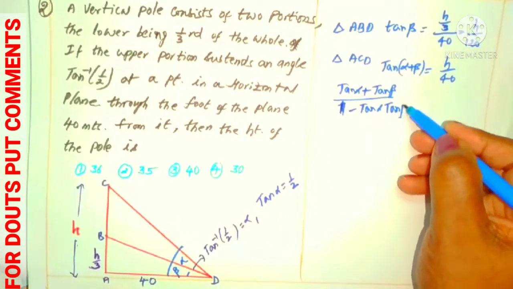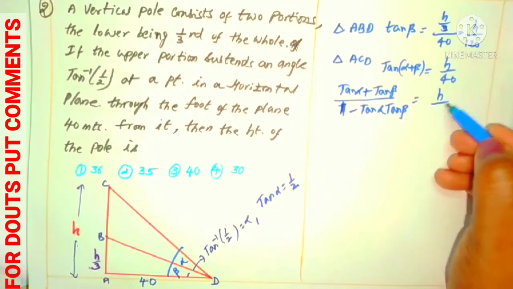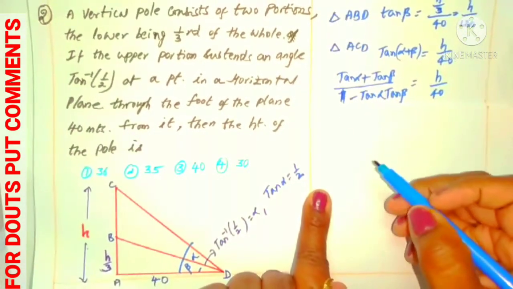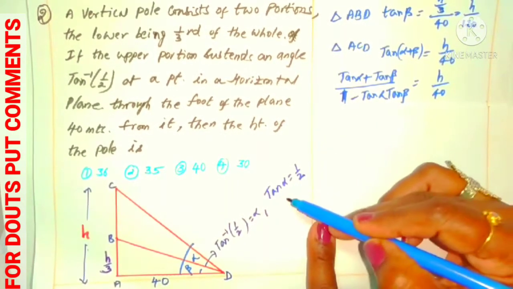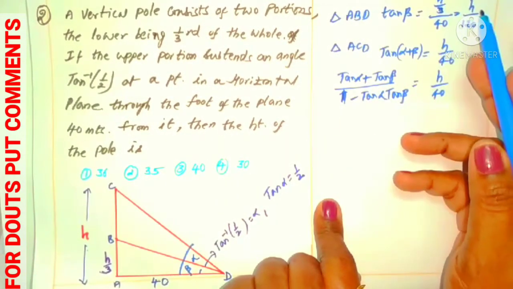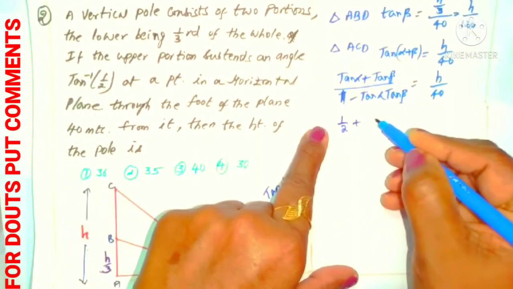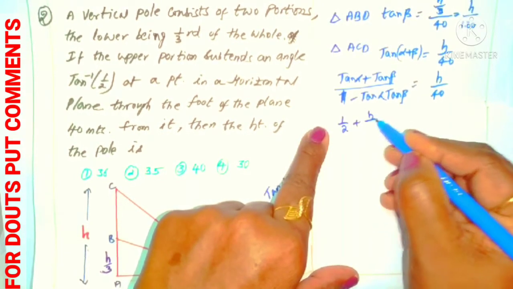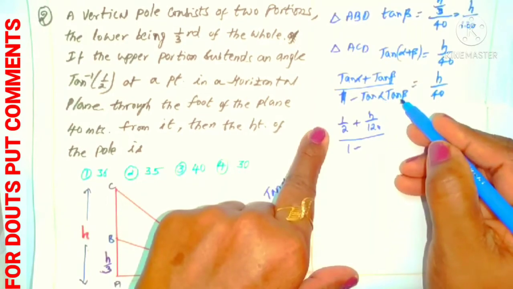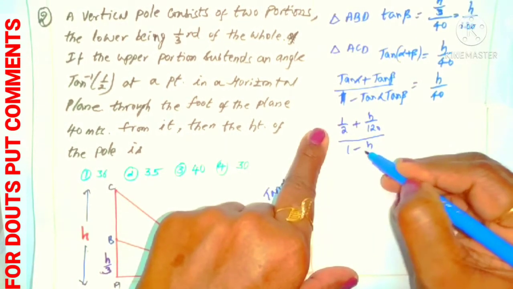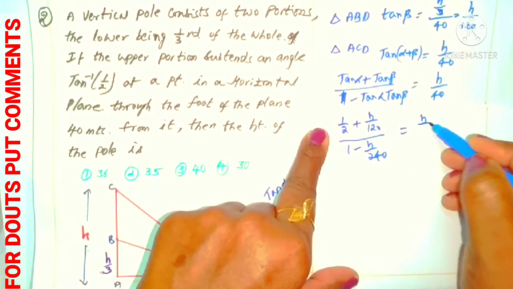I just used the tan A plus B formula here, with alpha and beta in place of A and B, equal to h by 40. Tan alpha is 1 by 2, tan beta is h by 120. Substitute here: 1 by 2 plus h by 120, by 1 minus 1 by 2 into h by 120, which is h by 240, is equal to the right side h by 40.